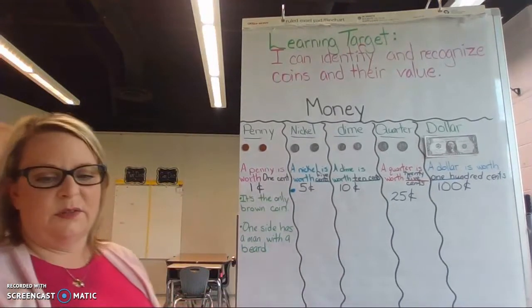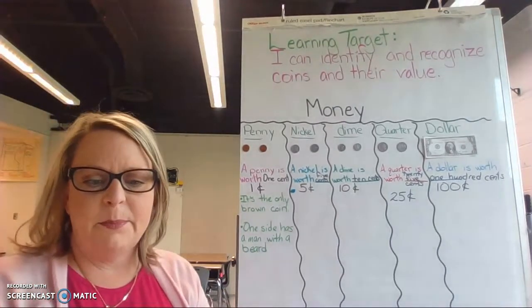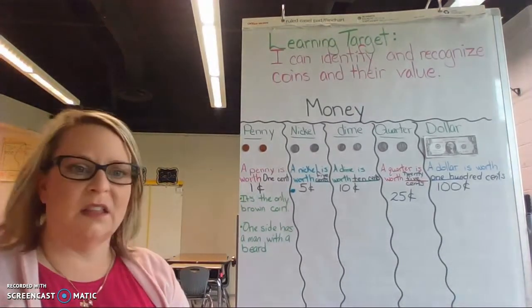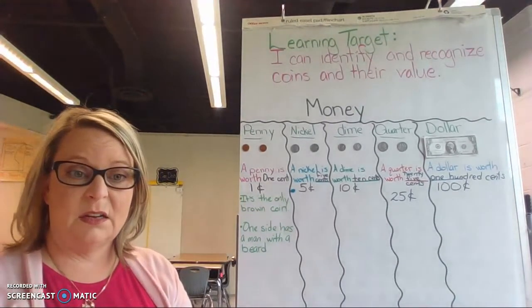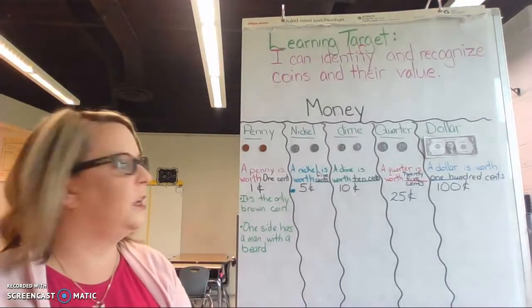What else do you notice about that penny if you're looking at that penny? Look at both sides. It has lots of words on it, doesn't it? It has words on both sides. It does. What else do you think?